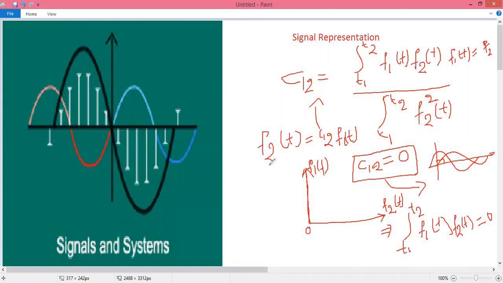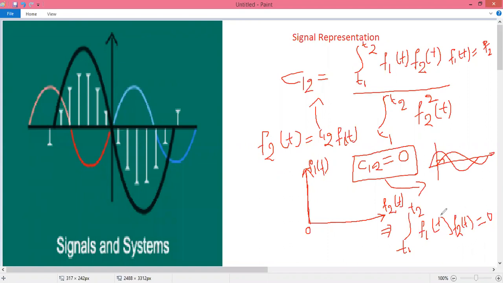That means sine and cosine are both perpendicular. Simply, without equating the integral to 0, we can say that they are perpendicular to each other, so the two signals are orthogonal.